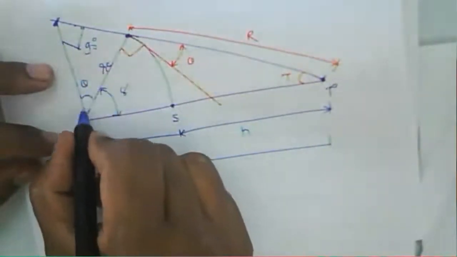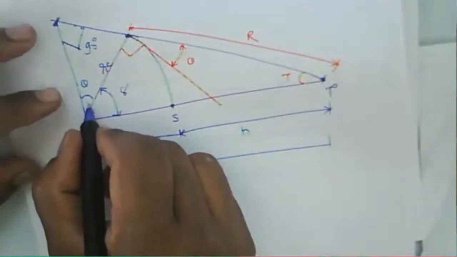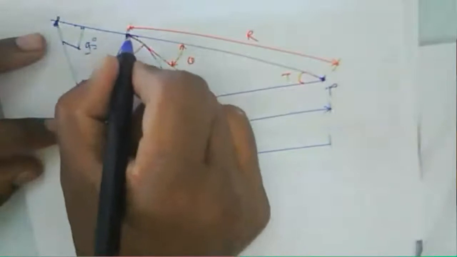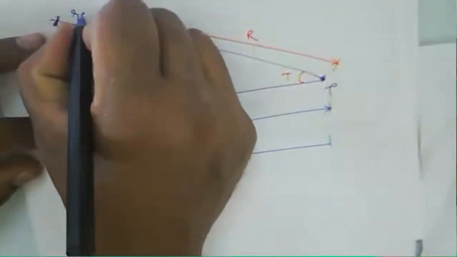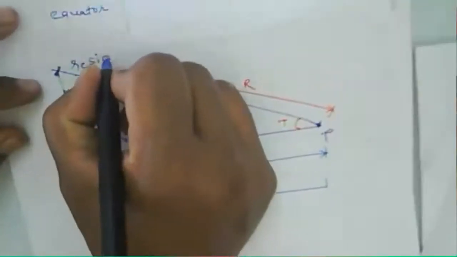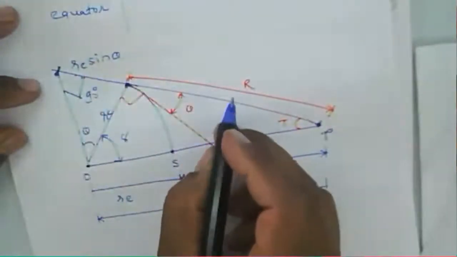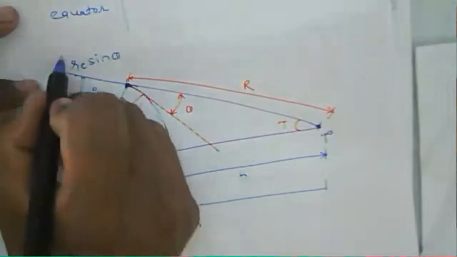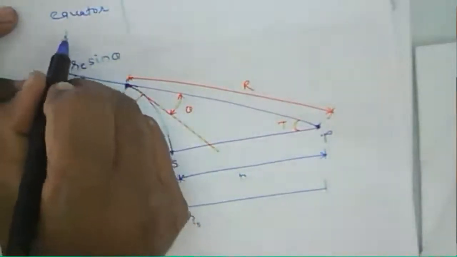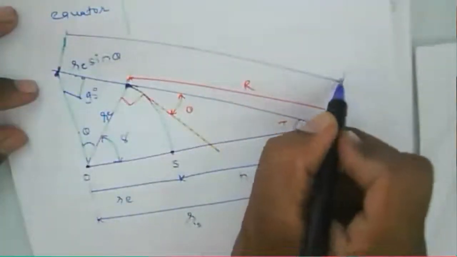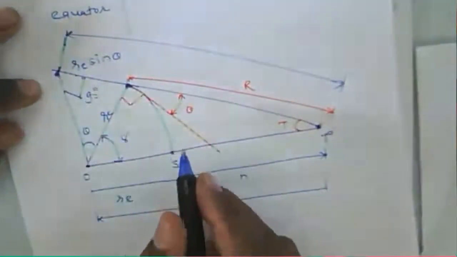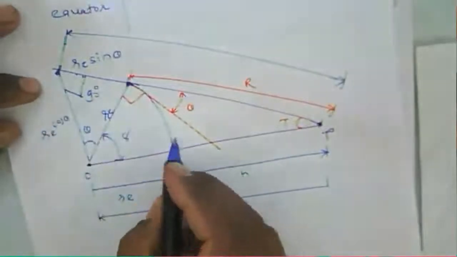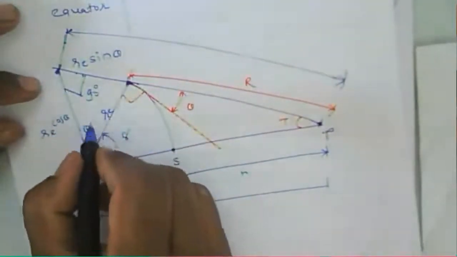So with respect to this theta, the length from this point to this point is RE sin theta. And this length becomes RE cos theta, so we have RE cos theta and RE sin theta.